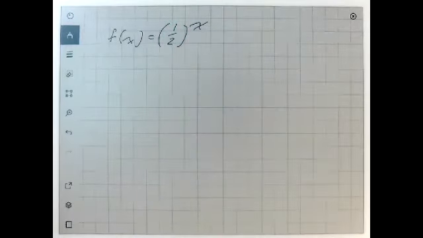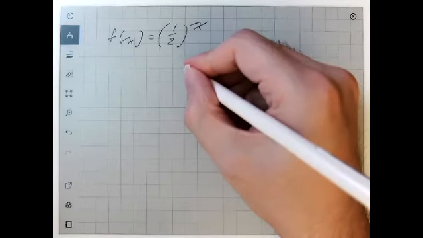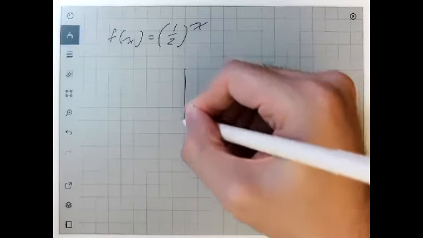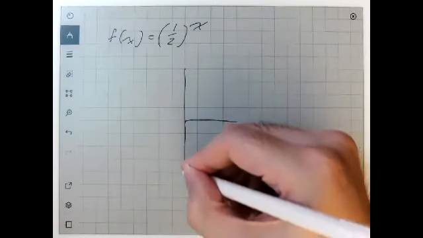So let's take a look at one more example. This time b is 1/2, and we're looking at f of x equals 1/2 raised to the x power. And again, I'll sketch out some coordinate axes.